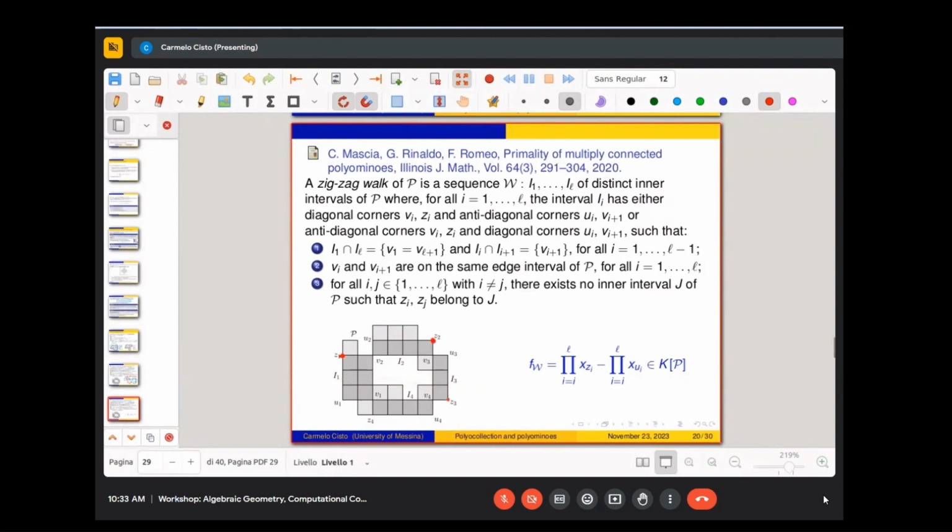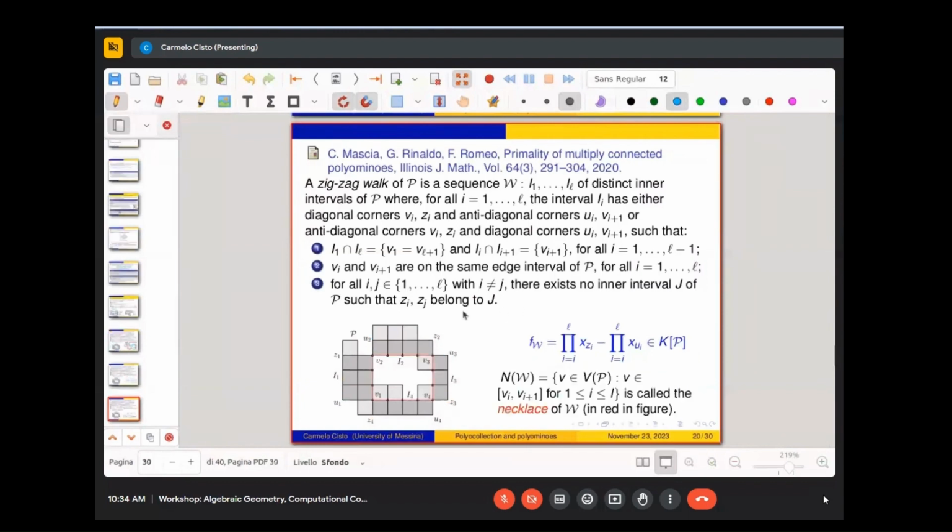For instance, this one I call Z. I consider the product of the variables of these vertices, that is the first monomial, minus the product of the variables associated to these vertices, that is the second monomial. So this is also a very formal definition, but it is important to say that to every zigzag walk I can associate a binomial, and the binomial is constructed in this way.